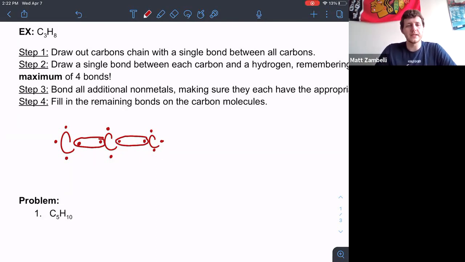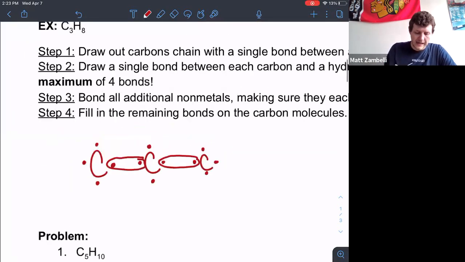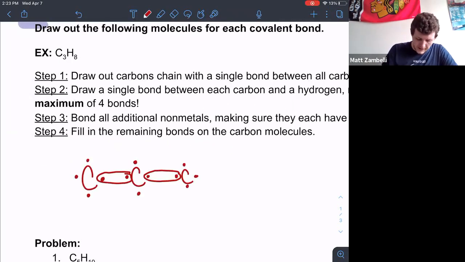Step number 2 says draw a single bond between each carbon and the hydrogens, remembering that each carbon can have a maximum of 4 bonds. We have 8 hydrogens, so we're going to start over on each side and pair up 8 hydrogens.